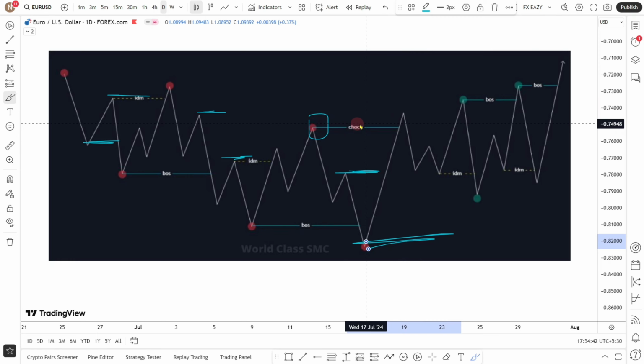So what I told you, that the CHoCH point or change of character point would also be confirmed when inducement happens. See, when the market did a CHoCH, in this move you can see that there is no retracement, so we would wait for price to make some move.